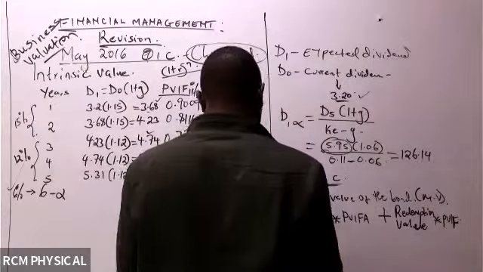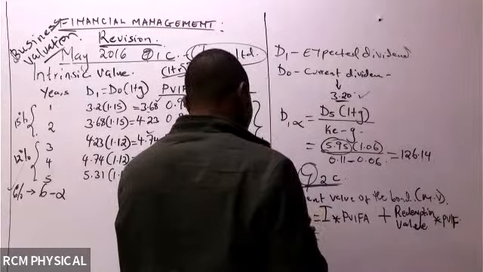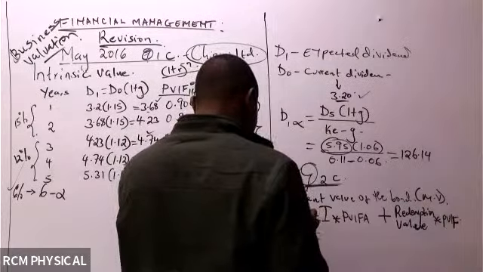How do we get the interest? We have been given the interest rate, and we take it of par.